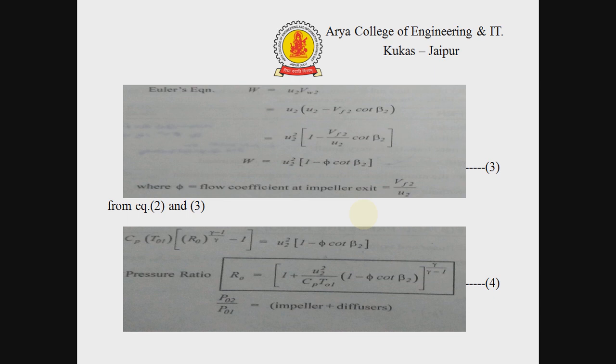Equations 2 and 3 are both work done equations. Now equating the above two equations, we get the pressure ratio, shown by equation number 4.